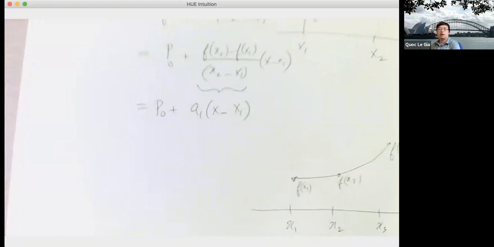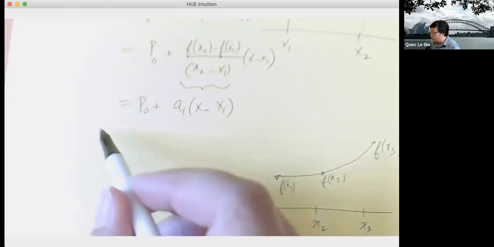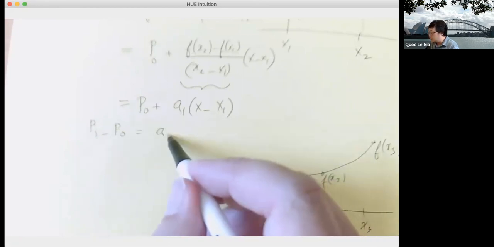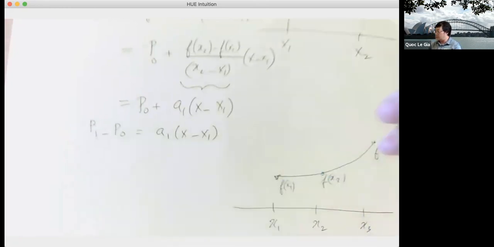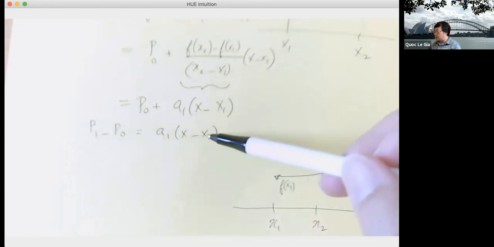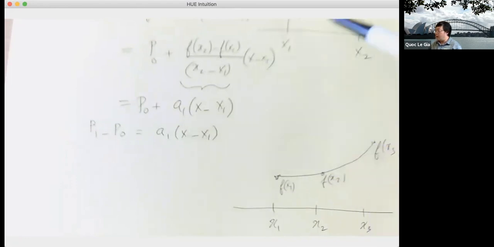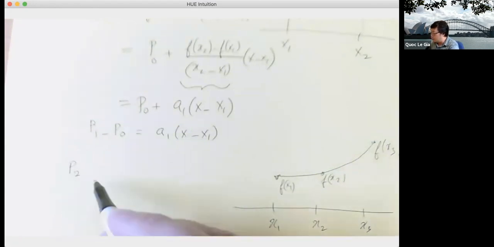Okay, and now you can see that in this form, you have P1 minus P0 is just A1 times (x minus x1). When you put x equal x1, then it just equals 0. And now suppose I have P2 minus P1.